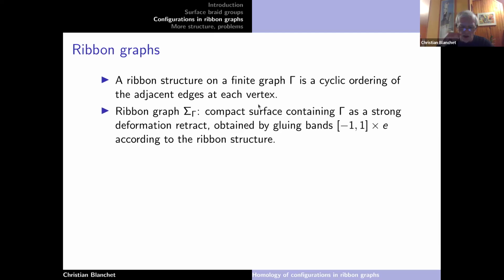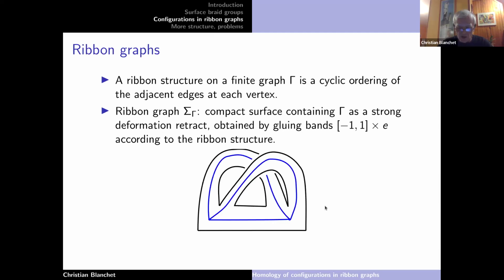And from a ribbon graph, you build a compact oriented surface containing gamma as a strong deformation retract, and it's obtained by gluing bands according to the ribbon structure. And I give you a very easy example where you glue 3 bands and you get genus g with 1 boundary component with the standard model.